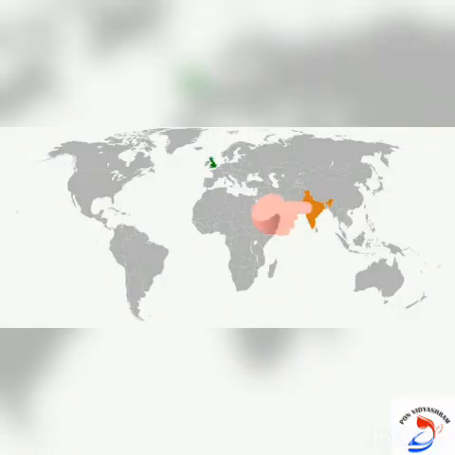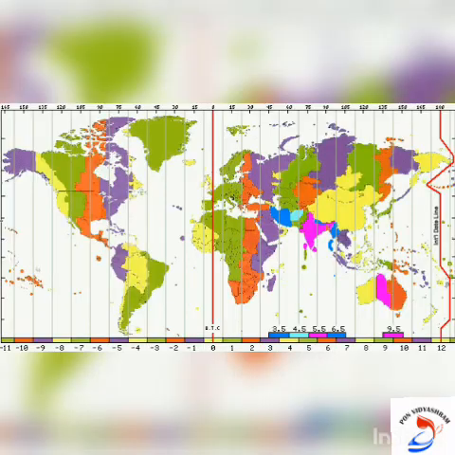Kolkata is located at 90° east longitude and London at 0° longitude. The time difference between Kolkata and London is 6 hours. This is based on the fact that 360 degrees are covered in 24 hours.